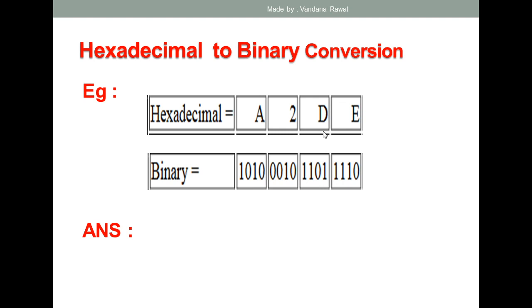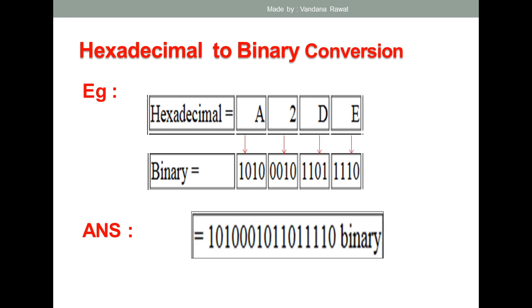The rest of the binary numbers which are equivalent to these hexadecimal numbers, like D. If you check which binary number D is equivalent to, then you can check that D is equivalent to 1101, and E is equivalent to 1110. So that means the answer will be this.